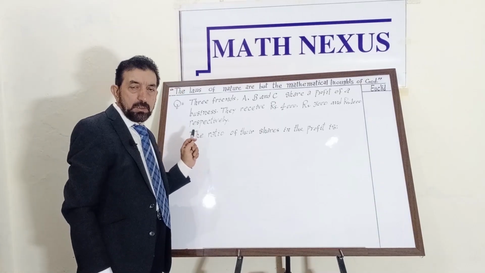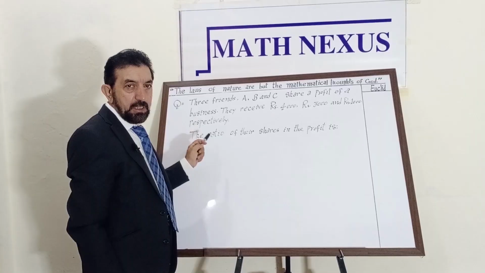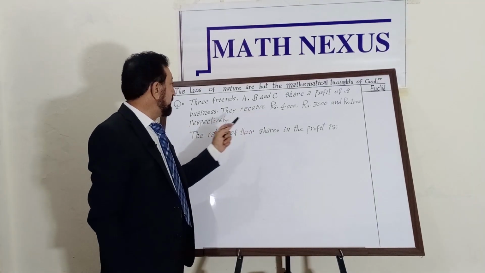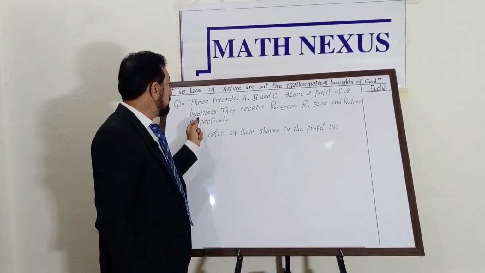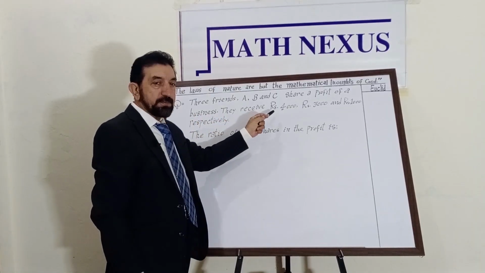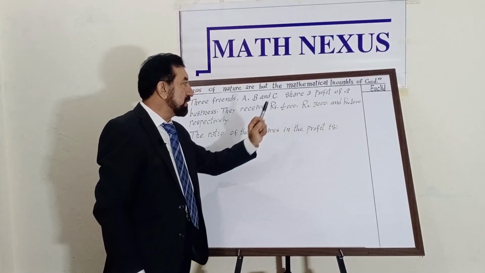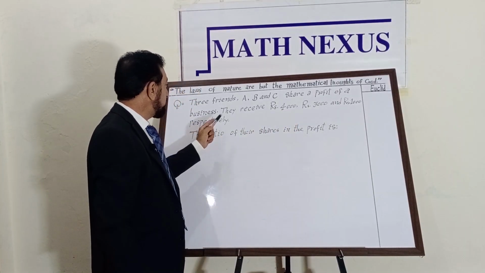Look at the question. 3 friends A, B and C share a profit of business. They receive Rs 4,000, Rs 3,000 and Rs 1,000 respectively.